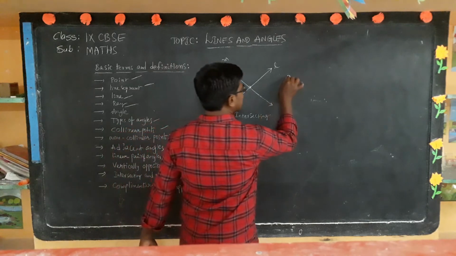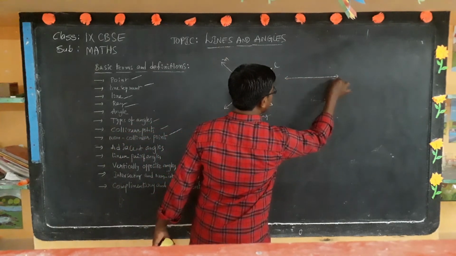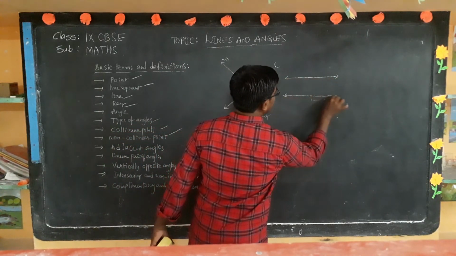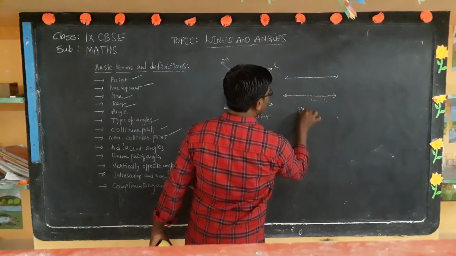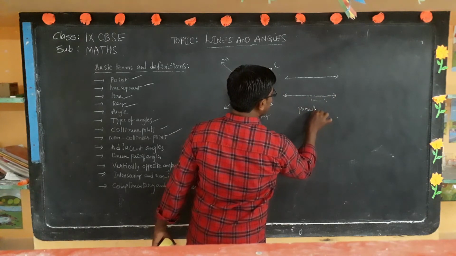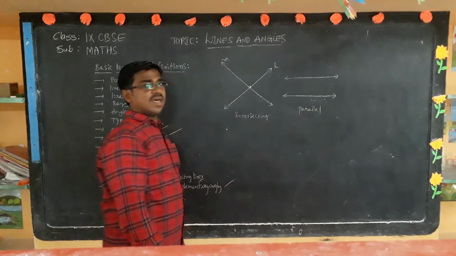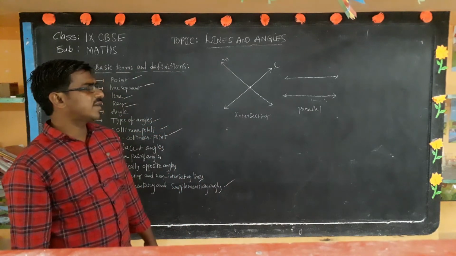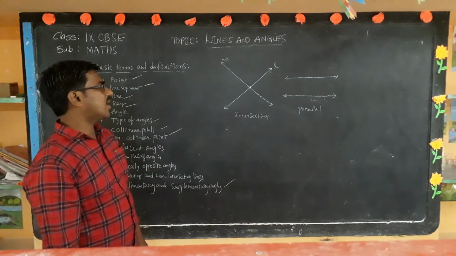If two lines do not intersect each other at any point, those lines are called non-intersecting lines or parallel lines.